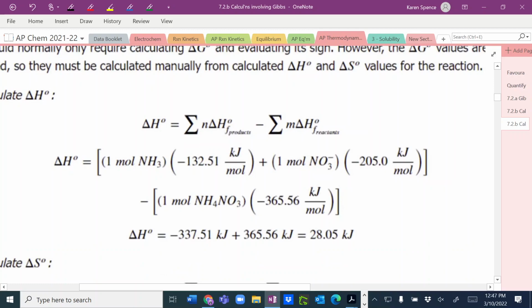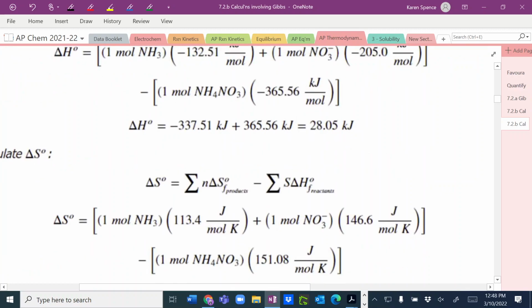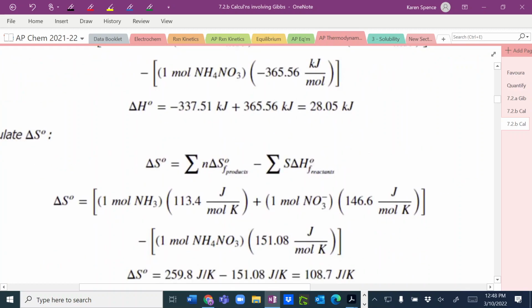And you add them all up, and you get a positive delta H value. You would do the exact same thing for your delta S, products minus reactants, making sure that you use the coefficients. In this case, they're all 1, so that's pretty straightforward.